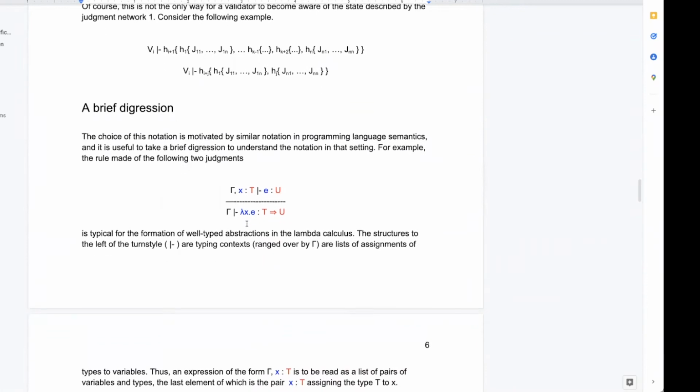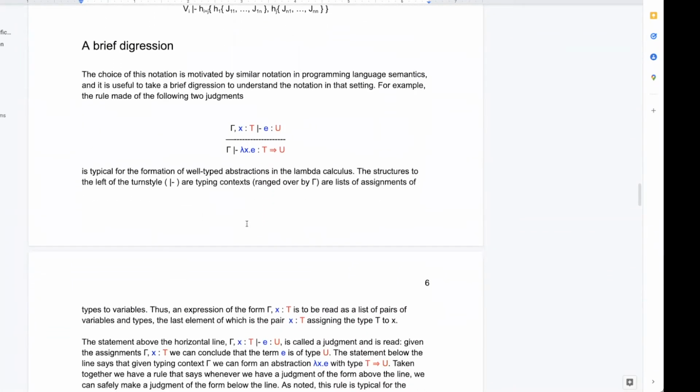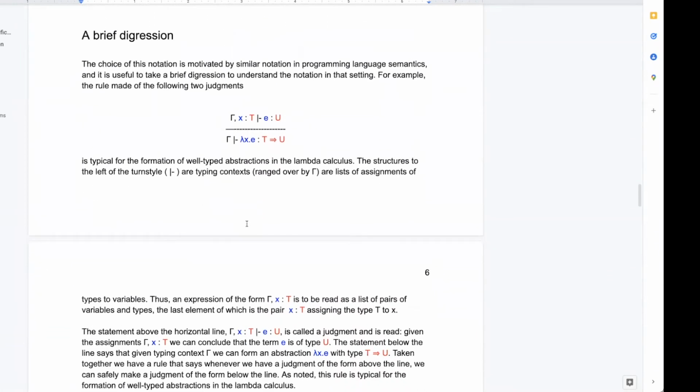So now I want to take a brief digression for those people who are unfamiliar with the justification or judgment style notation in programming language semantics and logic.